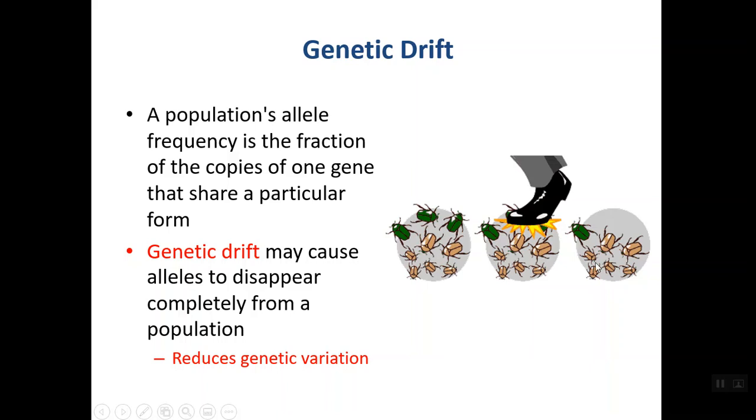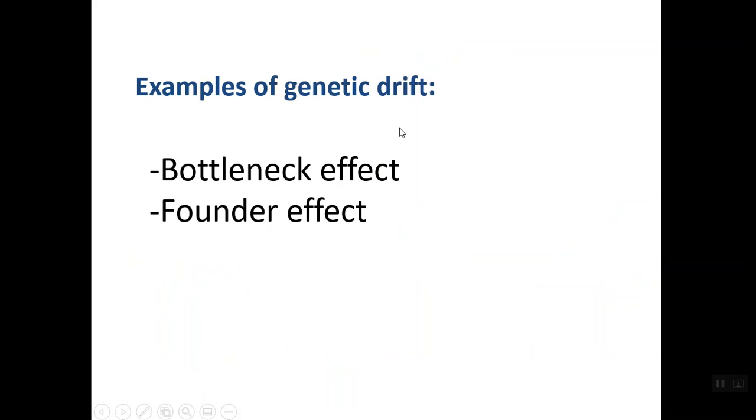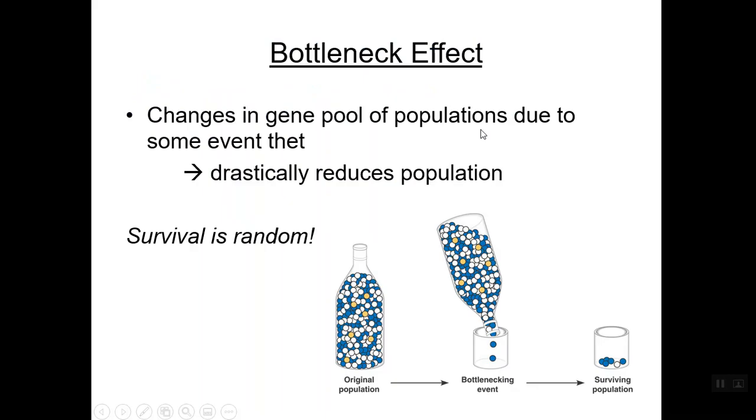And so the allele frequencies are going to be very different from the initial ones. All right, so this is the general concept, but as I told you, there are several examples of genetic drift. The two main examples we're going to talk about are the bottleneck effect and the founder effect. They're quite interesting to look at.